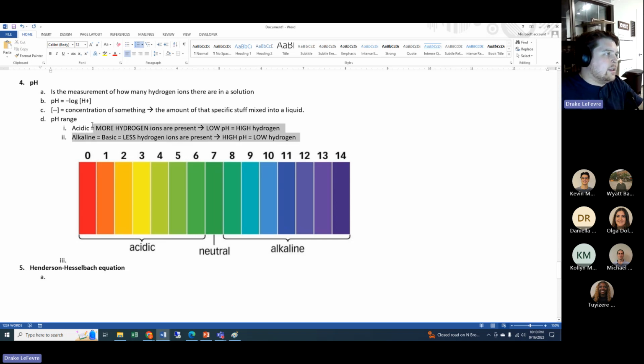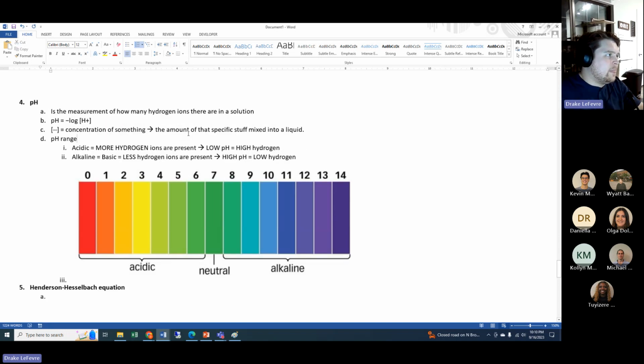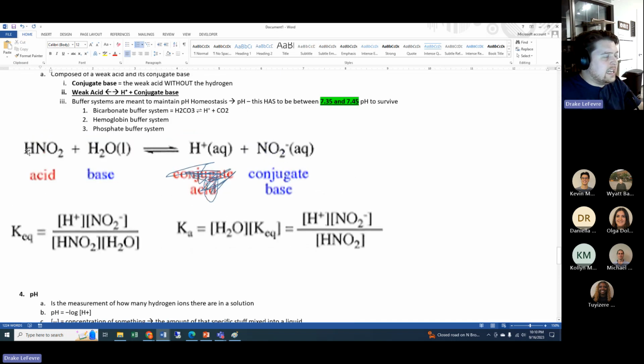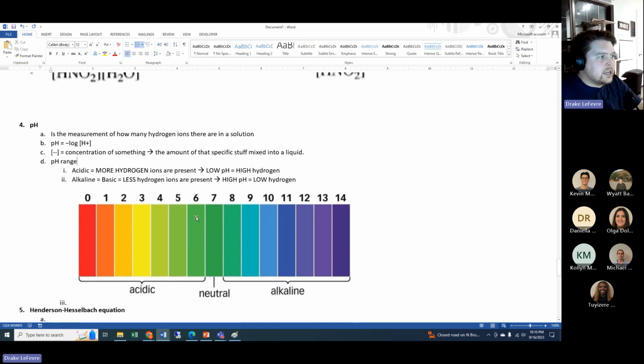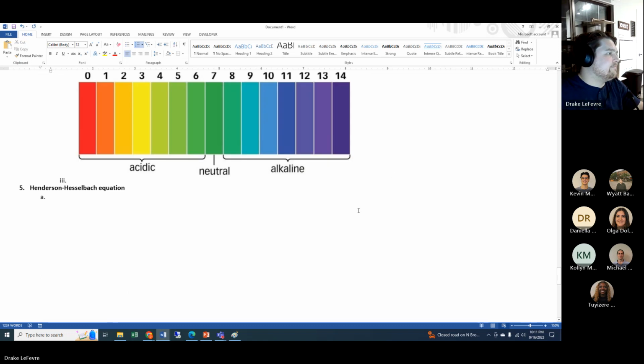Or you add this specific thing, and if it has a hydrogen on it, understand that if you add an acid into a solution, it releases hydrogen and decreases this number. If you add a base or a conjugate base into a solution, it's going to make it more basic.